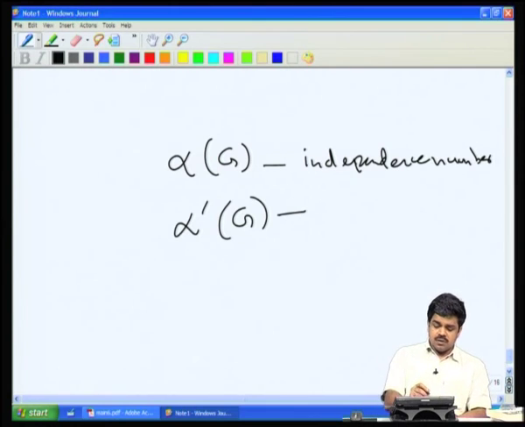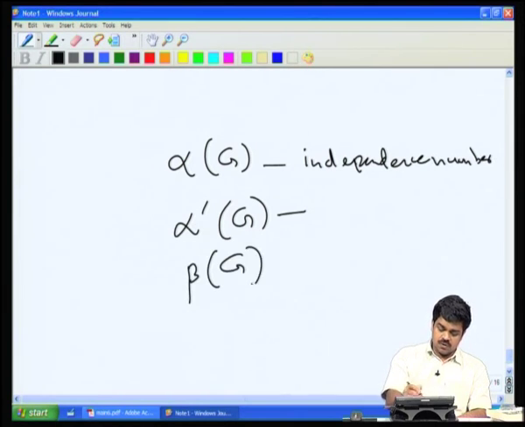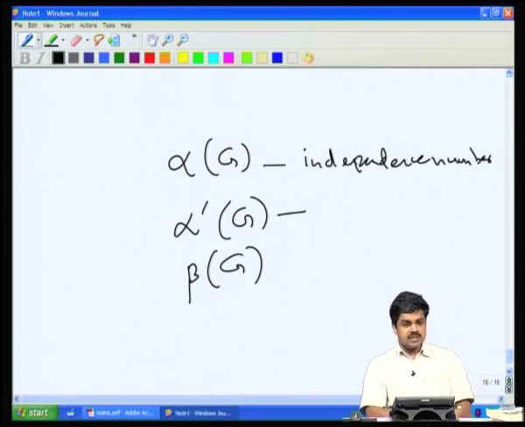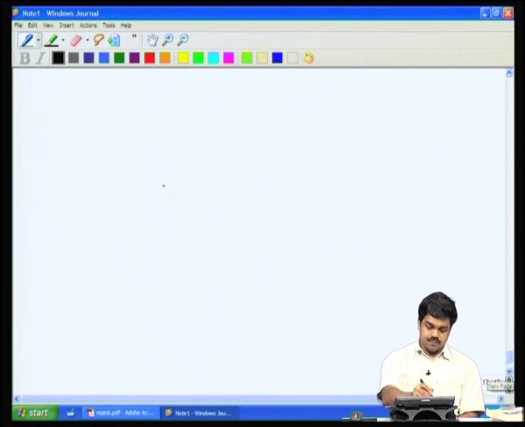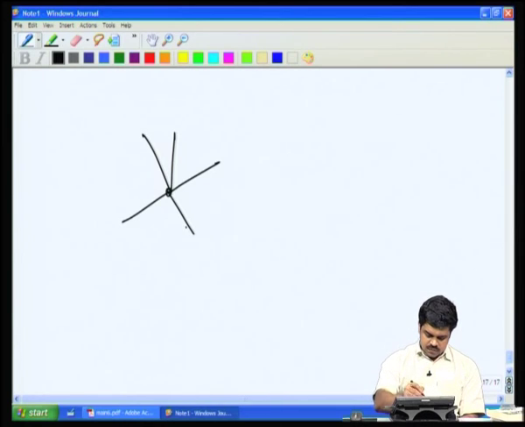And the other notion we studied was vertex cover, which was called beta of G, and this beta of G is the minimum number of vertices required to cover all the edges of the graph. So, essentially we can say that it is the number of stars required to cover all the edges of the graph, because if you take a vertex cover, each vertex in the vertex cover is covering the edges which are incident to it.